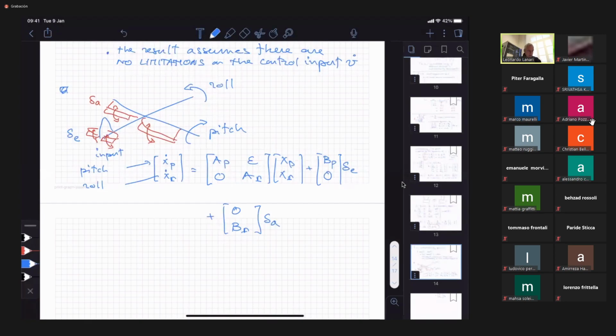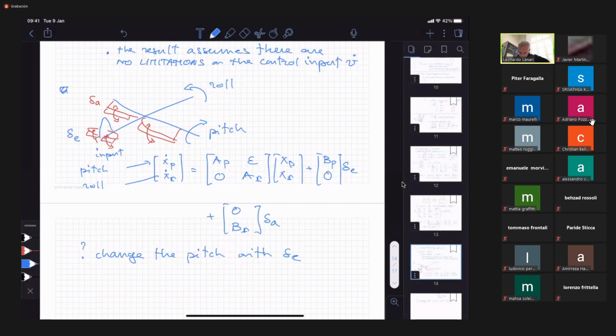So the question is, we are asking if it is possible to change the pitch with delta E, okay?